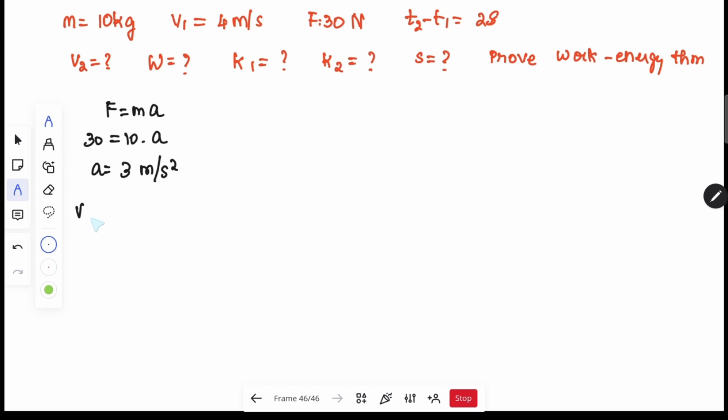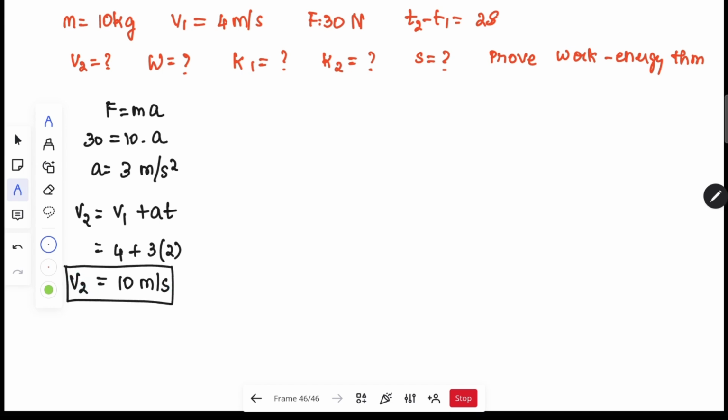We know v2 is equal to v1 plus at. From this we can get, v1 is 4, a is 3, t is 2. So 3 twos are 6, plus 4, 10 meter per second.